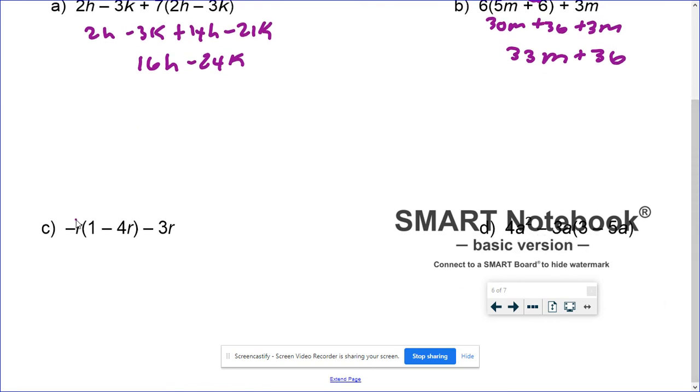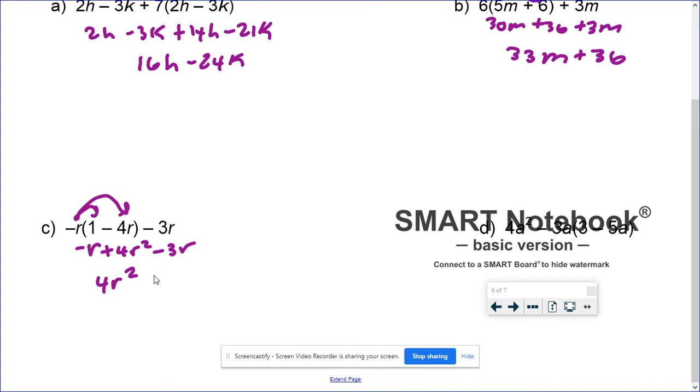Over here, I'm distributing the negative r. Negative r times 1 is negative r. Negative r times negative 4r is plus 4r squared, and then minus 3r. The temptation here would be to add all those together, but you can't. r and r squared are not like terms. So 4r squared is by itself.